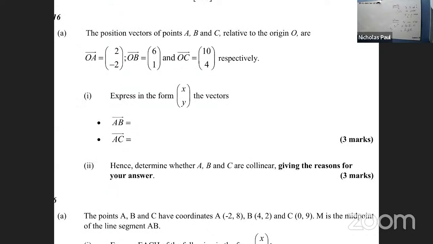Write down the info, and we'll do this first one together as practice, right?